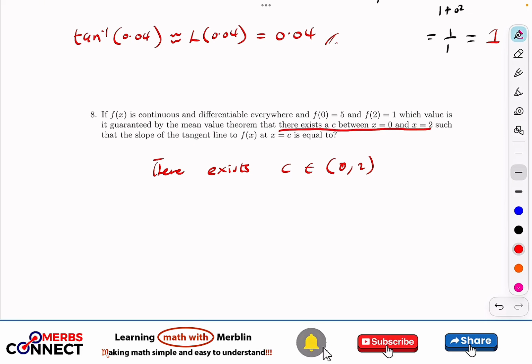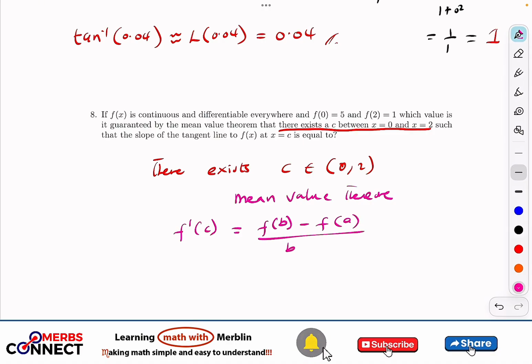Now the mean value theorem states that if we have c in between a and b, then f prime of c should be the same as f of b minus f of a divided by b minus a, right? So now when you compare this, we see that a is equal to 0, and b is equal to 2.